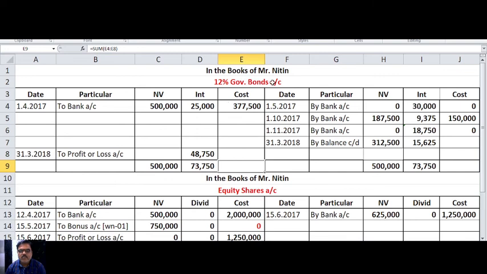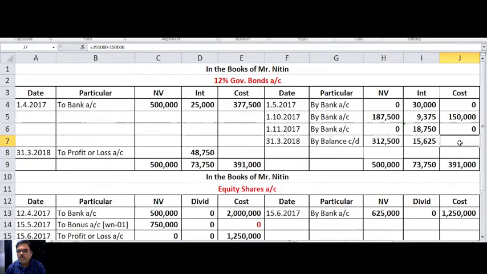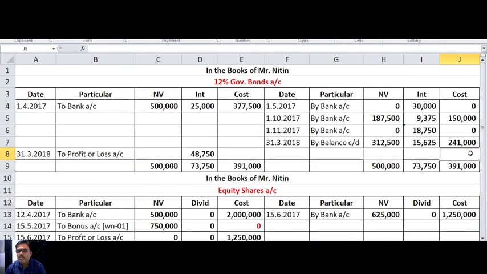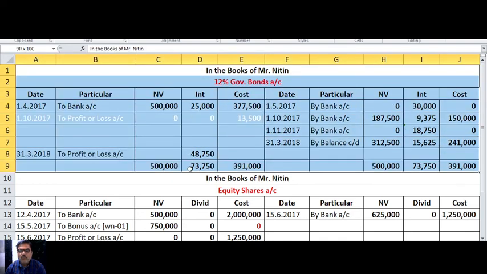Lastly, you have to close this 12% debenture bond. Debit side total 3,91,000, credit side also 3,91,000, and the balance you have to calculate. That balance comes to 2,41,000 that you have to carry forward. So here is the end of this 12% government bonds.